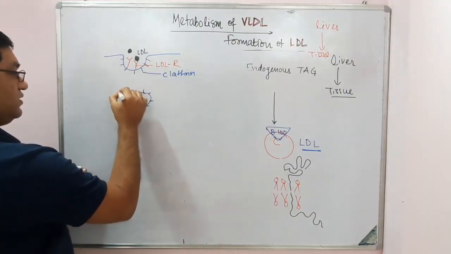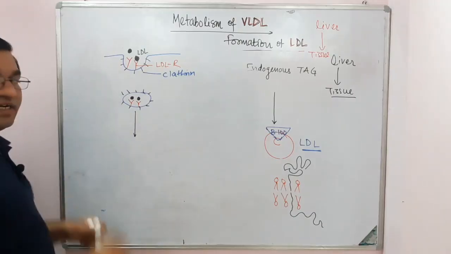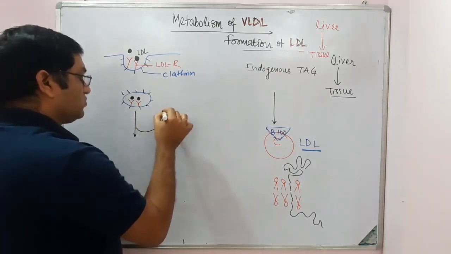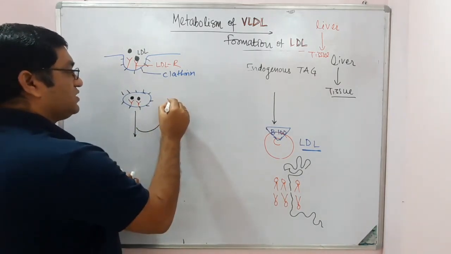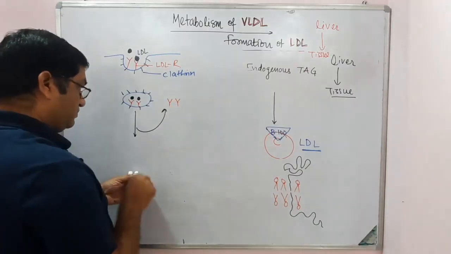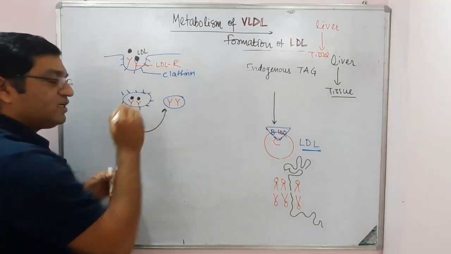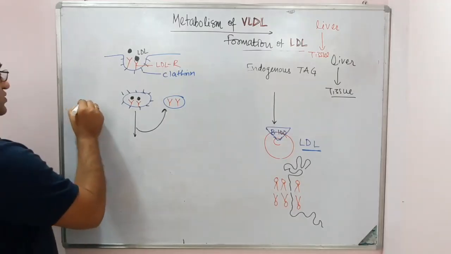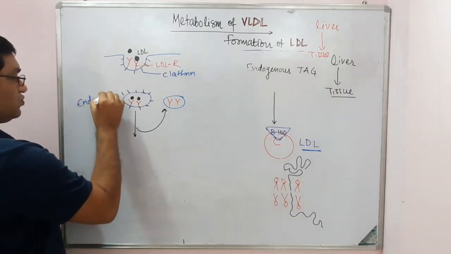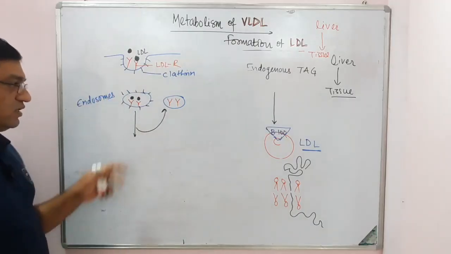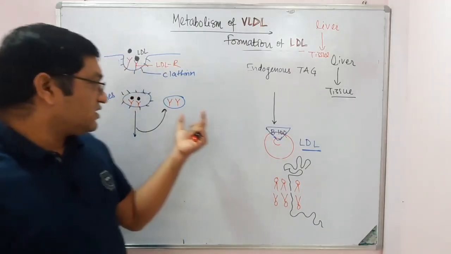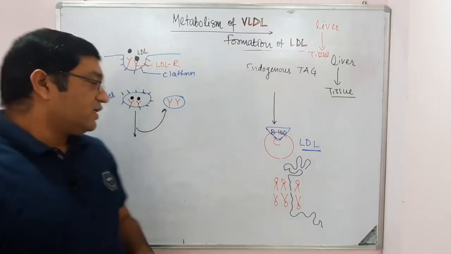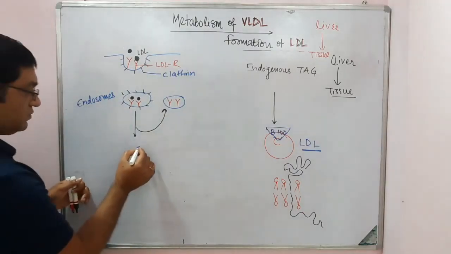Then shedding of the clathrin occurs and the receptor part is reutilized for further LDL particles. This structure is known as an endosome.